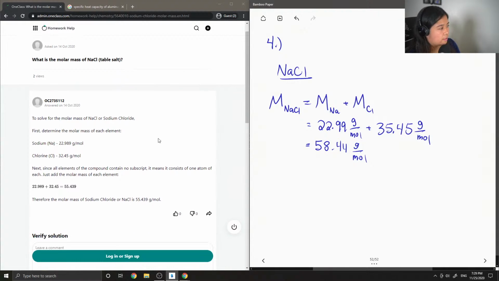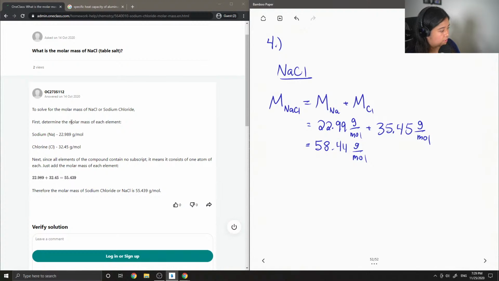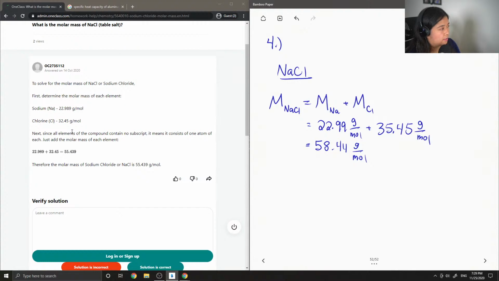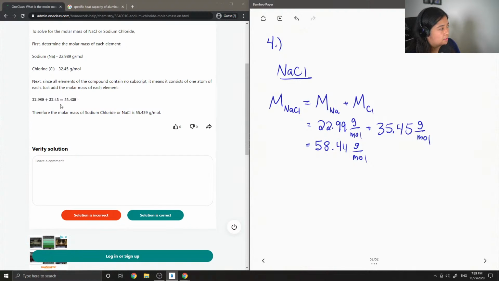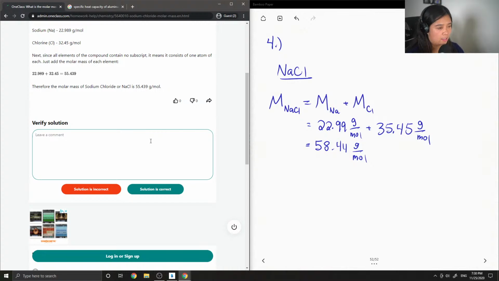Okay, so the junior tutor said to solve for the molar mass of sodium chloride, first determine the molar mass of each element. Sodium 22.989 grams per mole, chlorine 32, I think they meant to say 35.45 grams per mole. Next, since all elements of the compound contain no subscript, it means it consists of 1 atom of each. Add the molar mass of each element. So again, this should read 35.45 grams per mole, and they should have gotten 58.44. So I'm just going to make that correction.